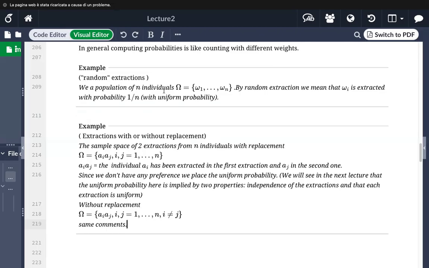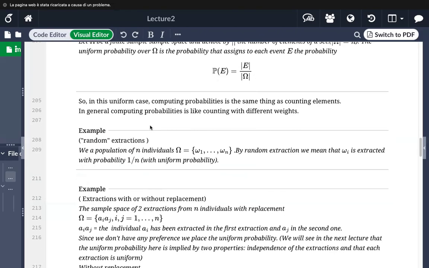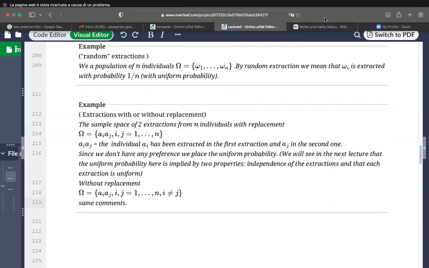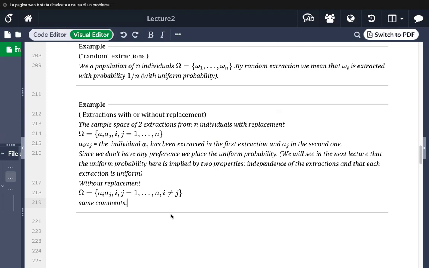Do you have questions on these examples? Do we need to repeat something? If not, I go on. This is a good moment to ask questions, if any. Otherwise, I go on.